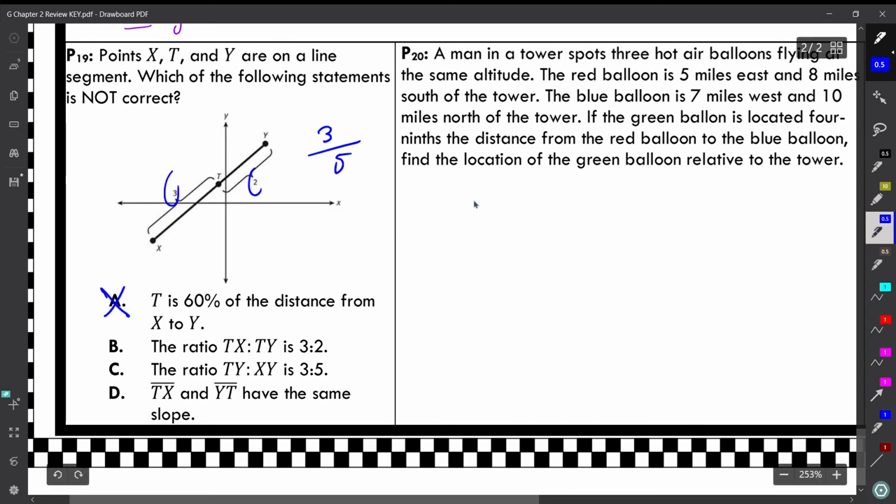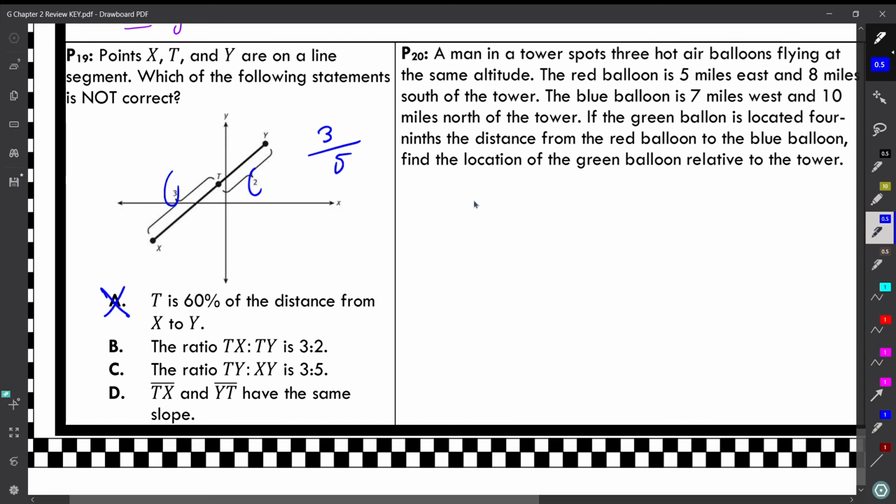The ratio of tx to xy is 3 to 5. The ratio of tx to ty is 3 to 2.